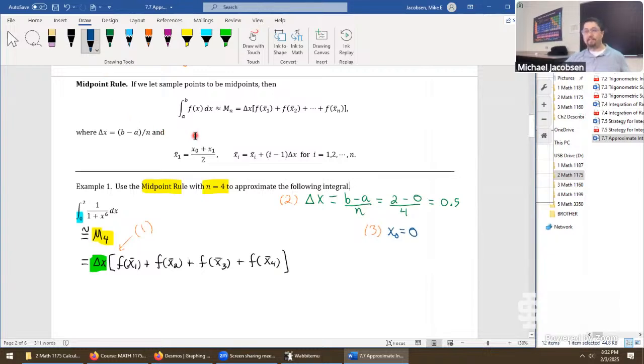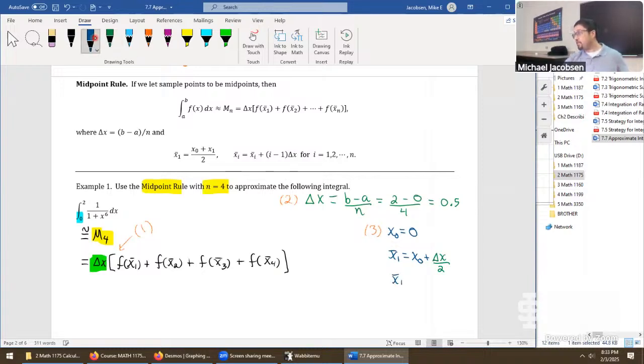Now, instead of averaging things, I just want to go midway between x0 and the next value, x1. The way we do that each and every time is go x0 plus, well, delta x will take you to x1, go halfway, and you're going literally to the midpoint now.